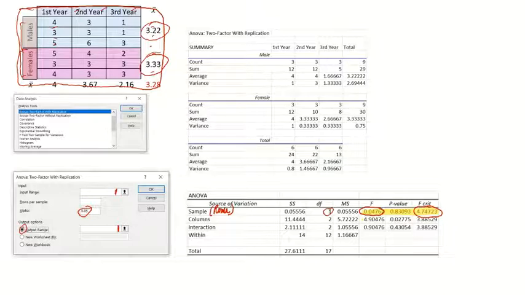Now, in terms of columns, we have 3 columns. Our degree of freedom is 2. Our F critical is at 3.88 and our F value is way beyond that to the right. Meaning to say, our F value falls within the rejection region. And we will therefore reject our null hypothesis.